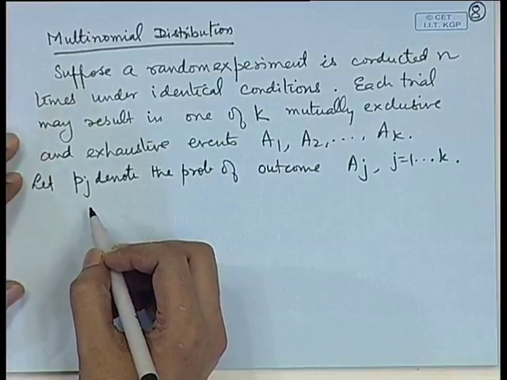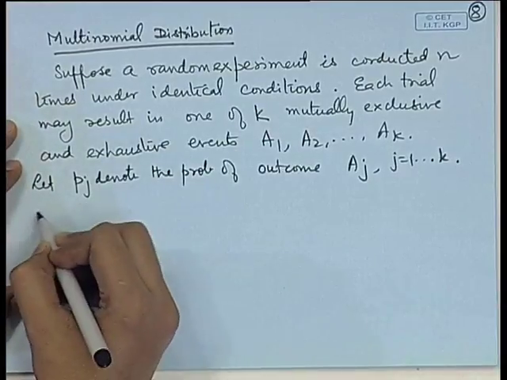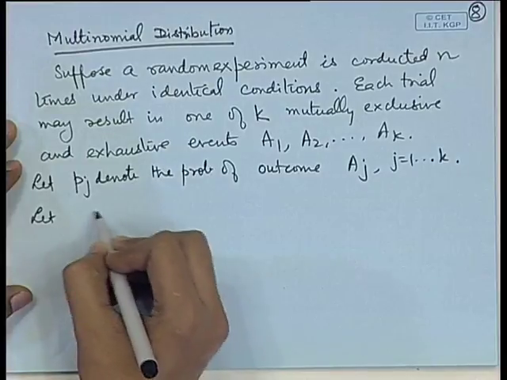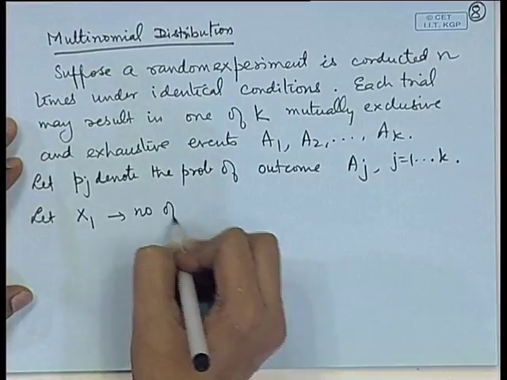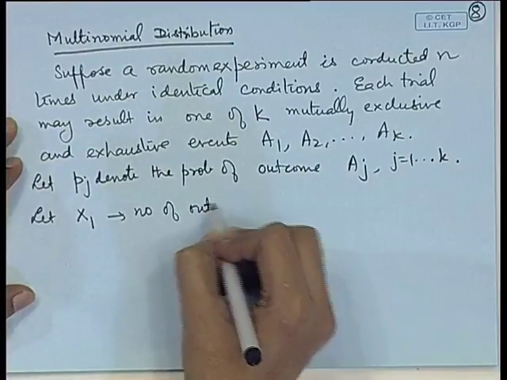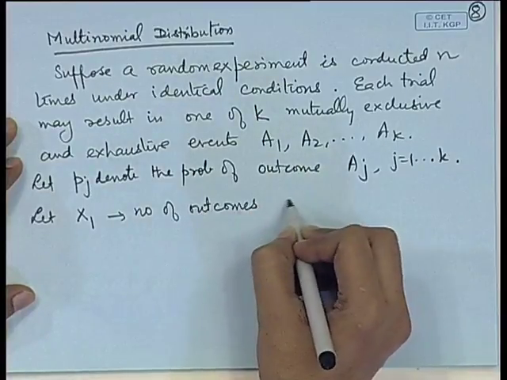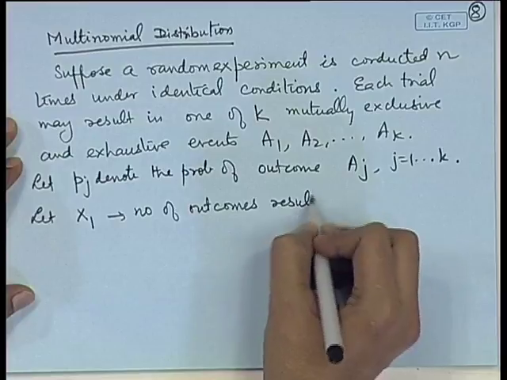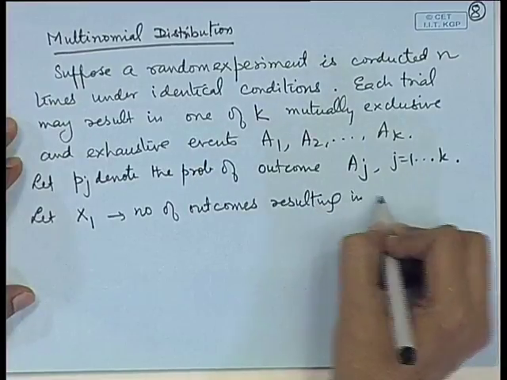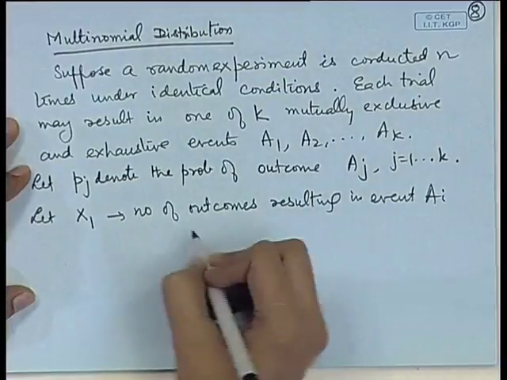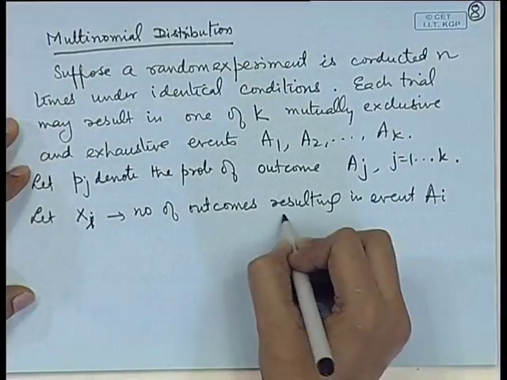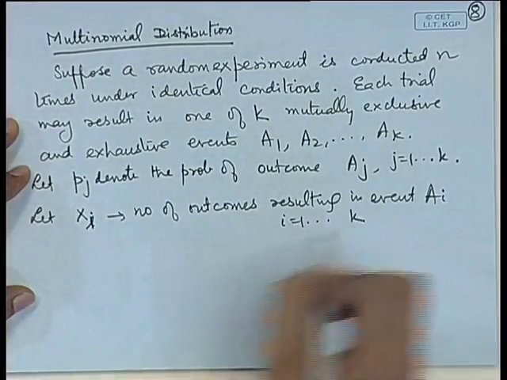So, let us consider x i, the number of outcomes resulting in event A i, for i equal to 1 to k.